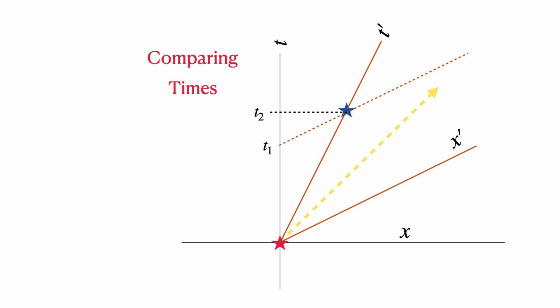Sometime later, Bob reports to Alice what time his clock reads at the event marked with a blue star. Alice corrects for the light travel time of the message Bob sent and calculates that the blue star event occurred when her clock read T2. But Bob's time was simultaneous with T1 in Alice's frame, so that's what he reported. T1 is less than T2, so Alice measures Bob's clock running slow.